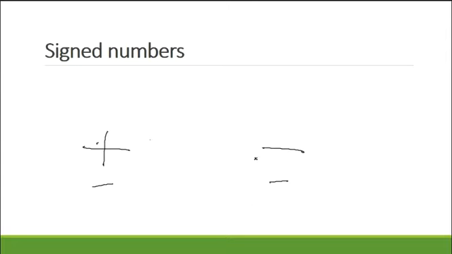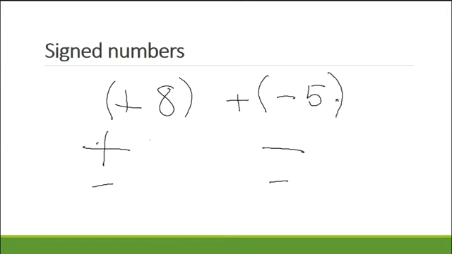Say for example, if we have here positive 8 to be added to negative 5, let's introduce parentheses. Which means if you are going to read this expression, the quantity of positive 8 is added to the quantity of negative 5.